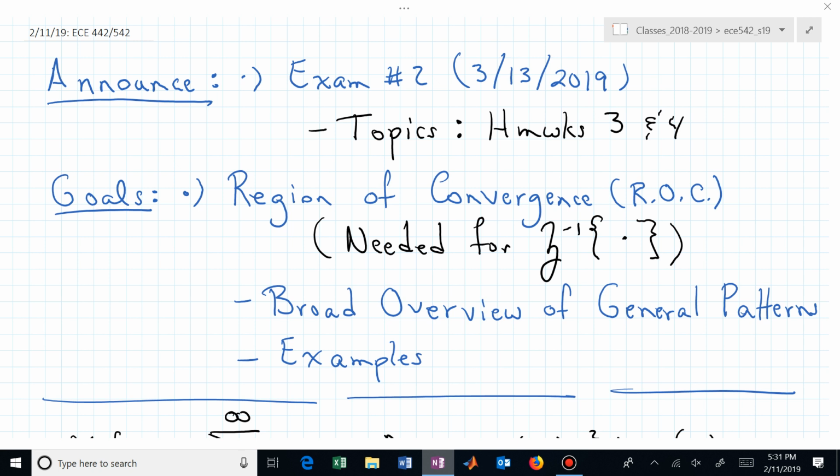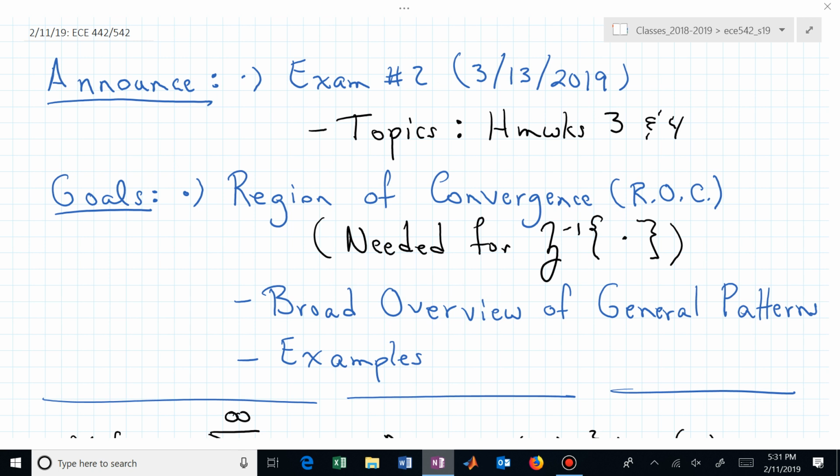Today what I want to do is talk about the region of convergence, ROC, and it's really needed to find the inverse Z transform. When we were calculating the Z transforms, if we didn't have to go the other way, or if we didn't have to go back into the time domain, it might not have been as critical to know what is the region of convergence. But now if we want to go back and forth, it's very important to know what the region of convergence is.